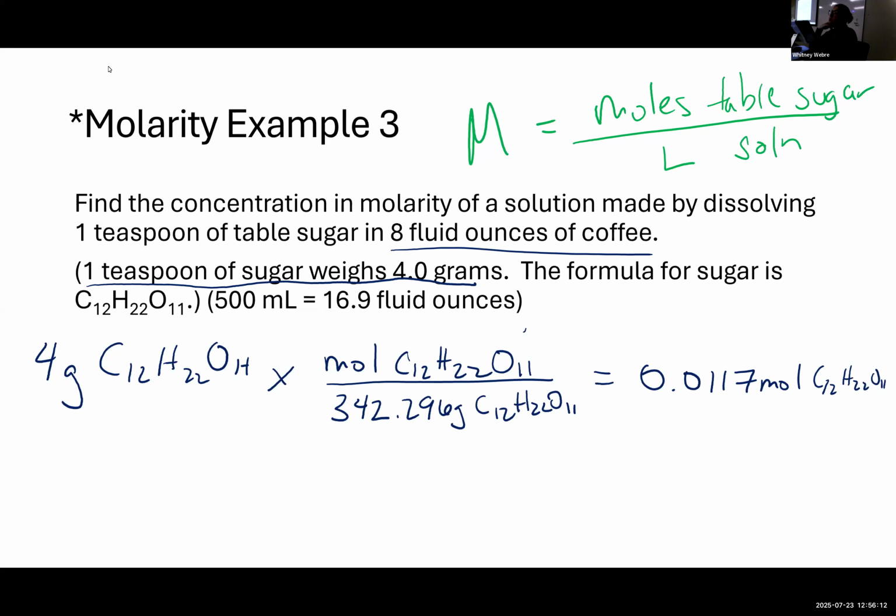I got 0.0117 moles of glucose. Next, let's figure out how many liters.